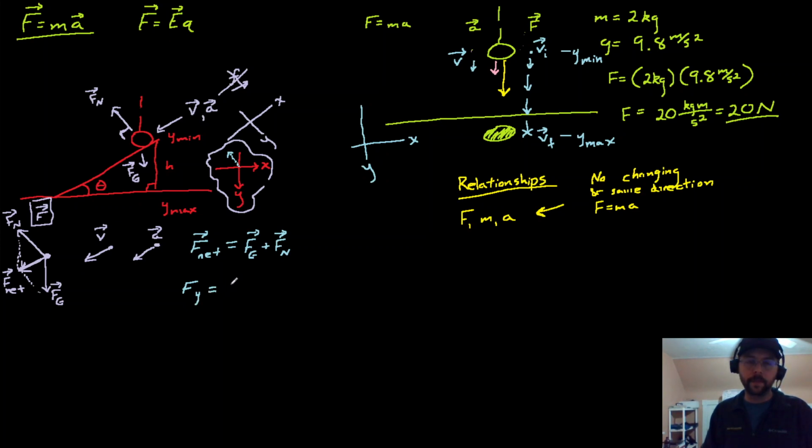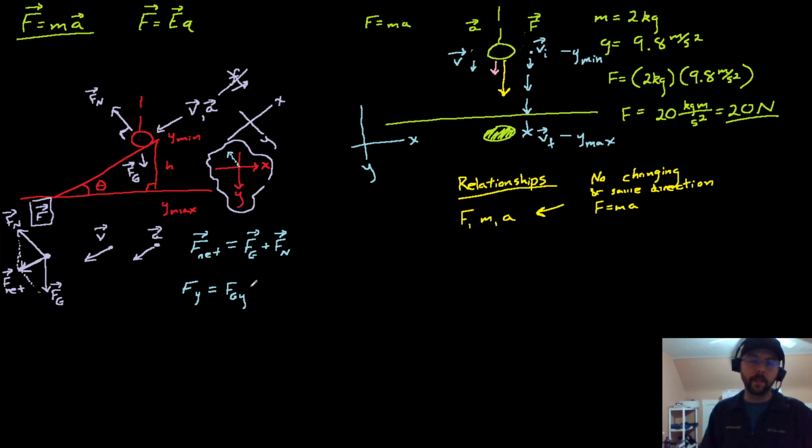the force of gravity in the y direction, which is negative according to the way I set up, no, which is positive. The force of gravity is moving in the positive y direction.